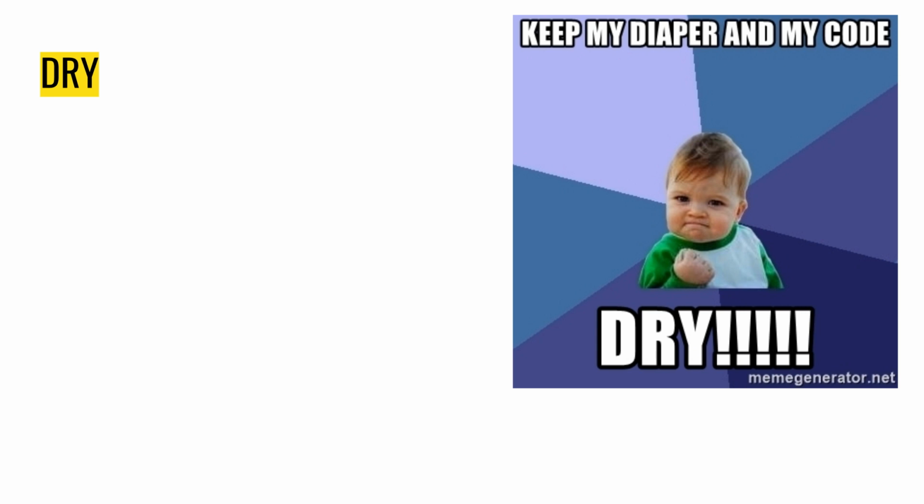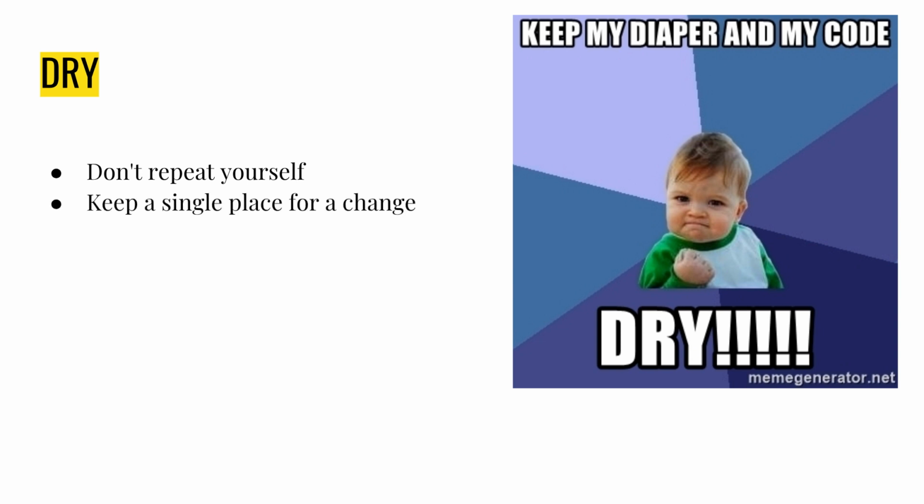DRY principle, the illustration says it all. The DRY principle is basically saying not to repeat yourself and keep a single place for a single change. If you want to change something, you should know exactly where to look for it, and it shouldn't be split into two places. If you want to change a single thing, you should look into a single place. And if you look at multiple places, that's a code smell.